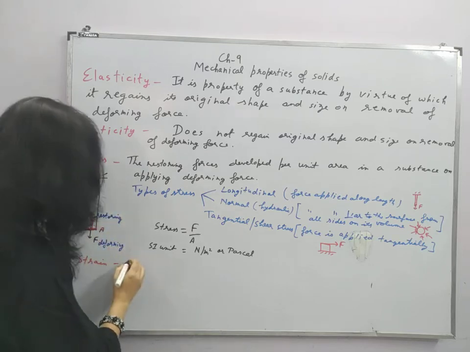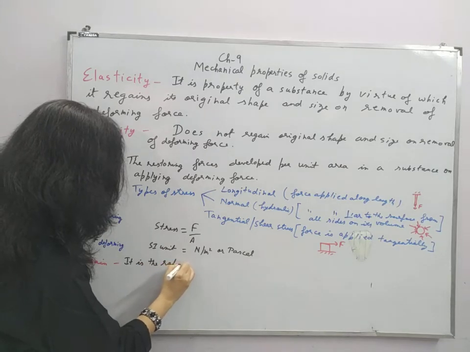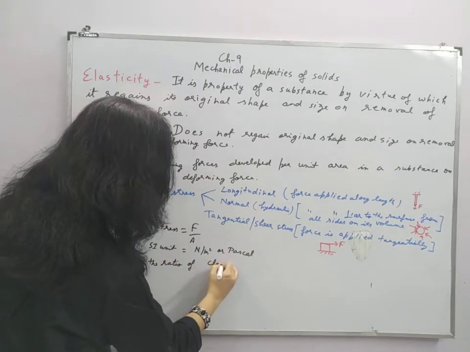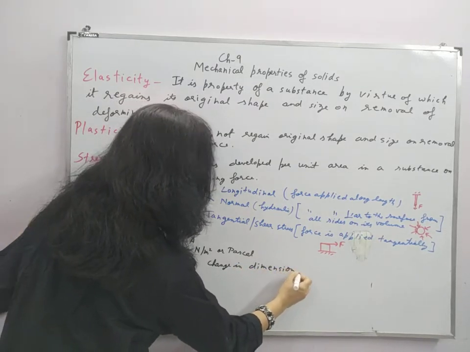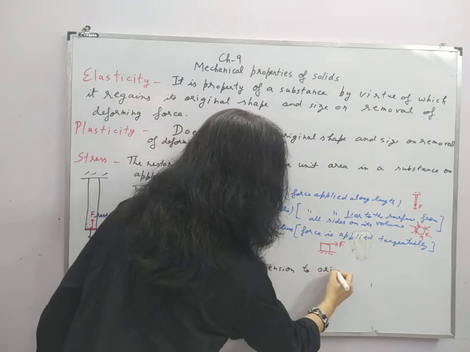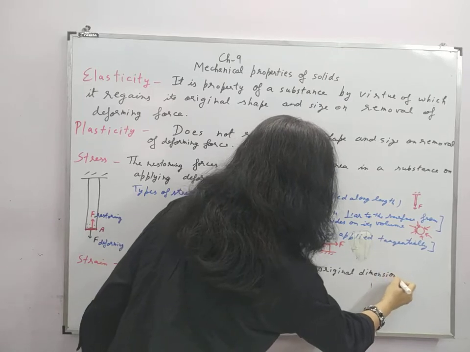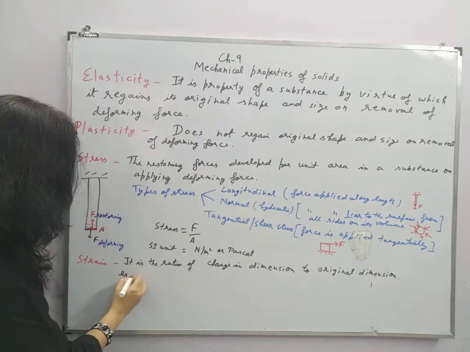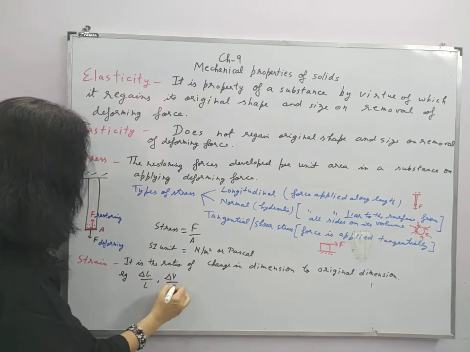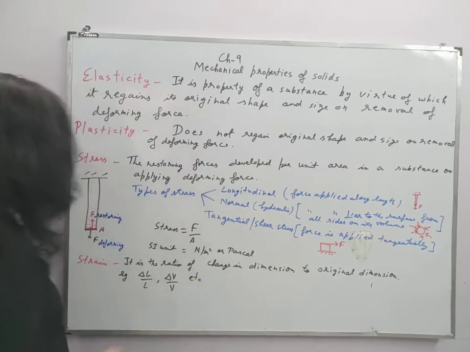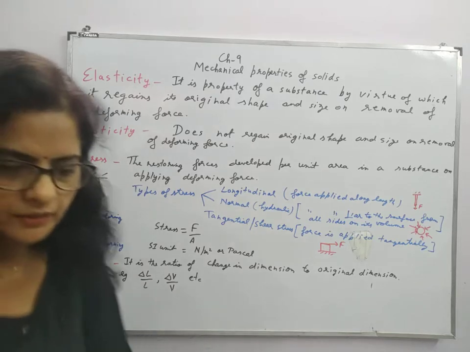So strain is nothing but the ratio of change in dimension to original dimension, right? For example, delta L upon L, delta V upon V, and so on. Then we will talk about Hooke's law on the next slide.